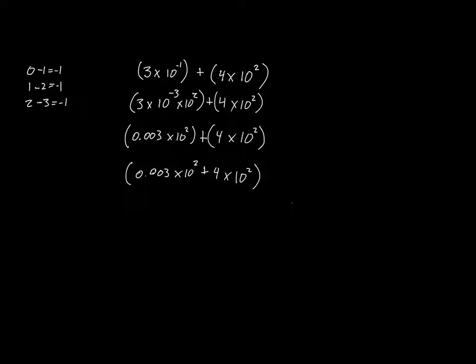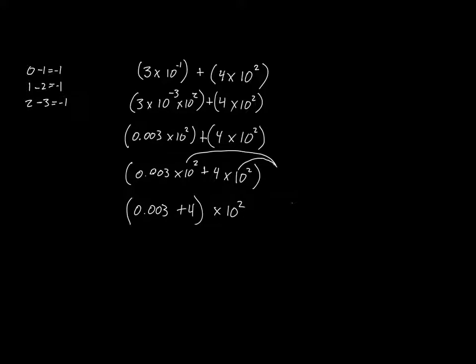So this and this will come out, and inside I will only be left with numbers without exponents. That's why it's important that we have the same exponent with the same base. If the numbers have the same base and the same exponent, you can actually factor them.